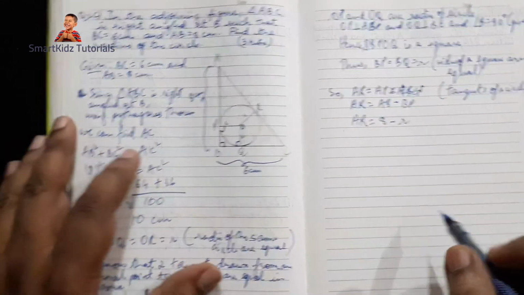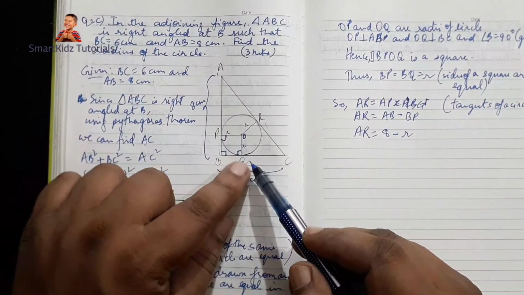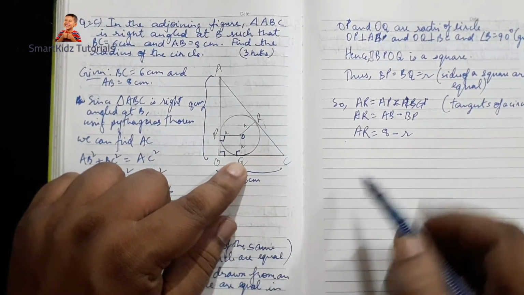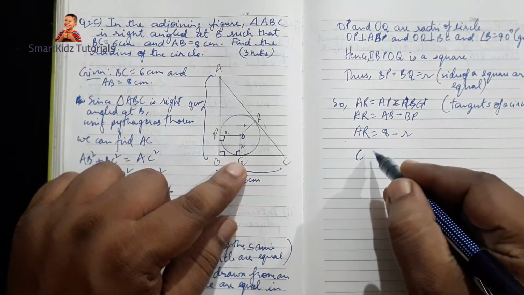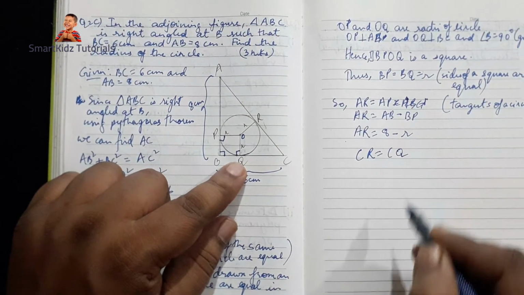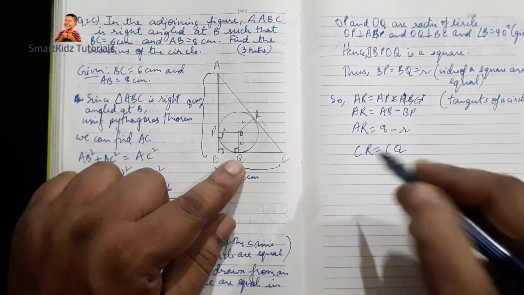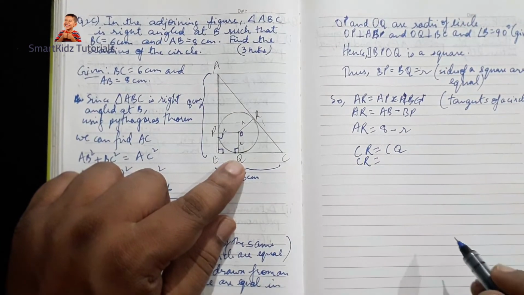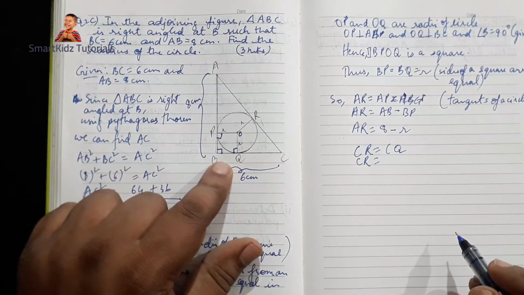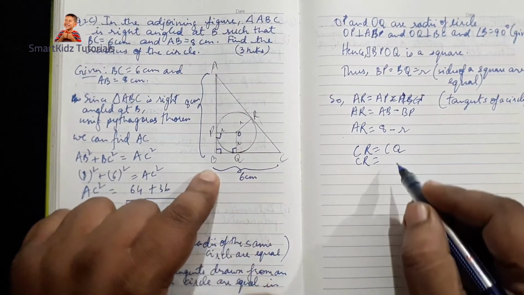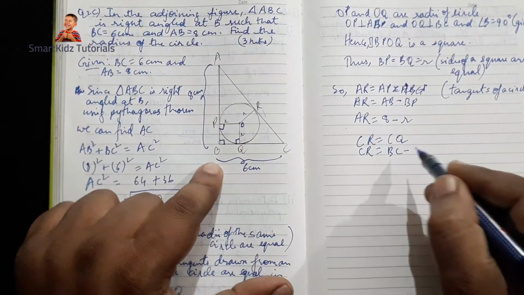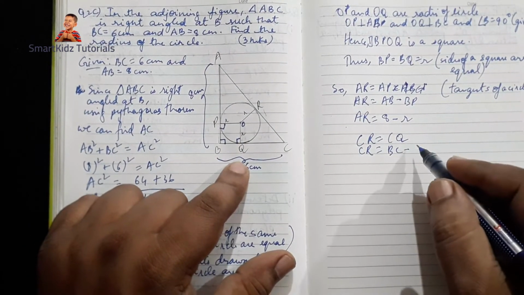Similarly, in case of the other tangents, we can write CR equal to CQ. But we can also write CR equal to, instead of CQ, BC minus BQ.